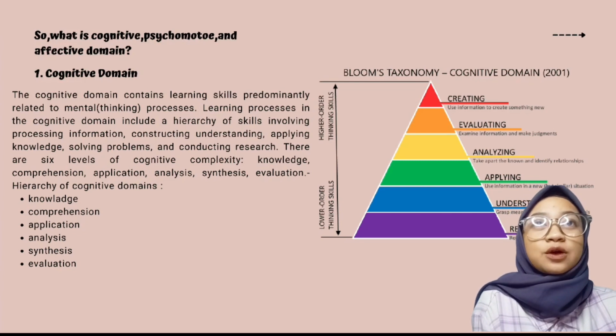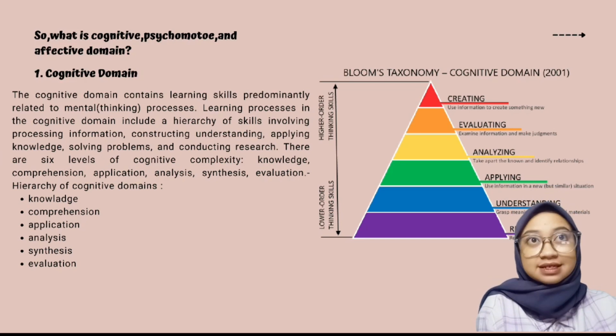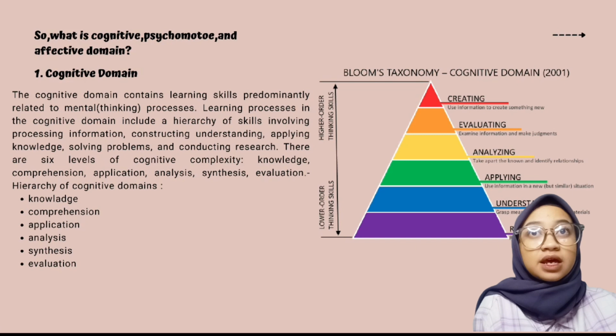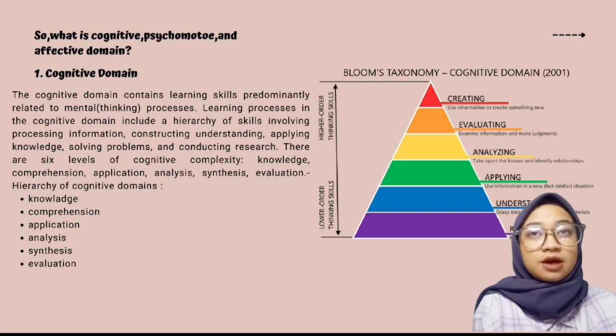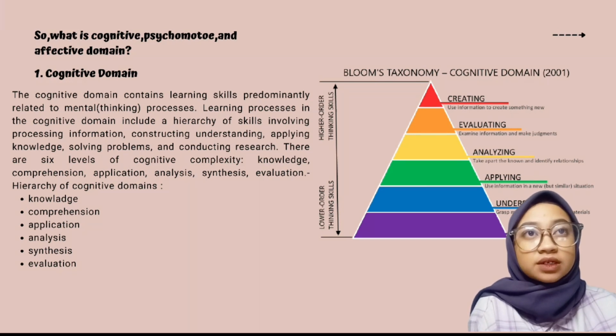Cognitive domain contains learning skills predominantly related to mental or thinking processes. Learning processes in the cognitive domain include a hierarchy of skills involving processing information, constructing understanding, applying knowledge, solving problems, and conducting research. There are 6 levels of cognitive complexity.